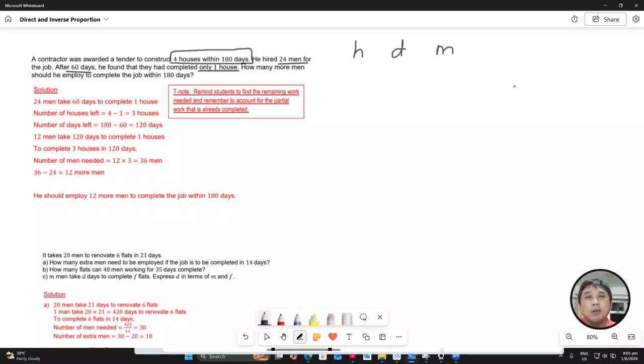Take a look at the keywords or key numbers that I've underlined. These three are the variables that we can put in to find our k. Probably you might be asking, how can it be done? The very interesting thing is this: we need to know who is directly proportional and who is inversely proportional.